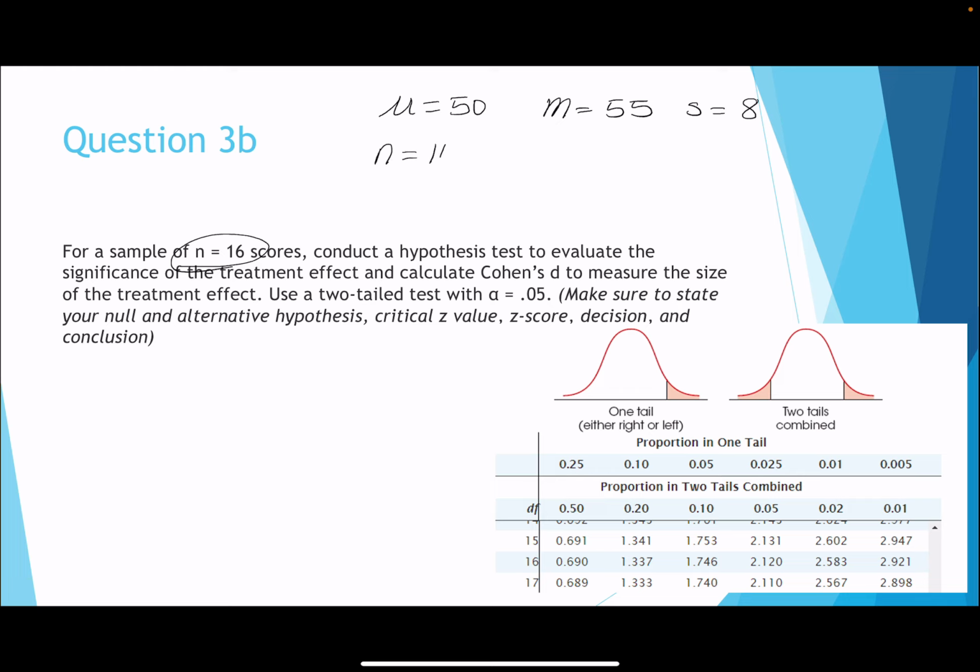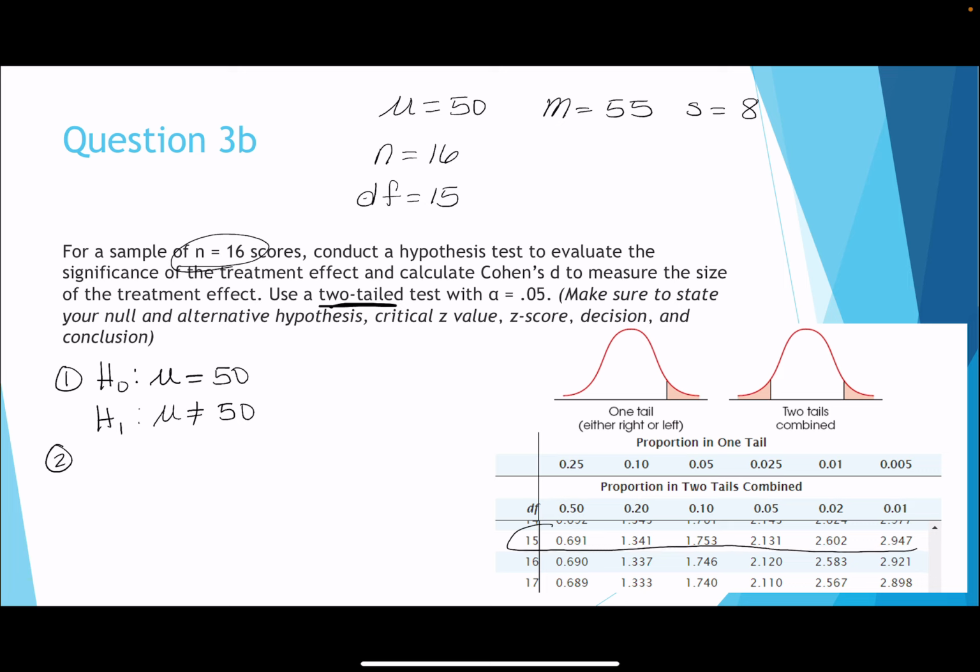But now we have N equal to 16, which means our degrees of freedom is 15. Our null and alternative hypotheses stay the same because we're still doing a two-tailed test. So the null is mu equal to 50, and the alternative is mu not equal to 50.